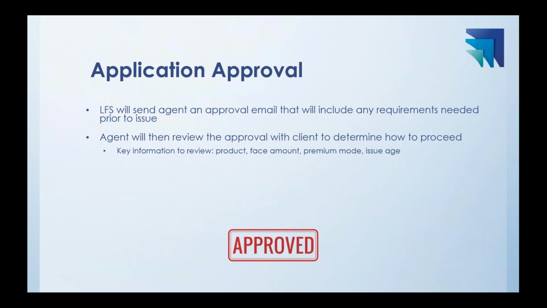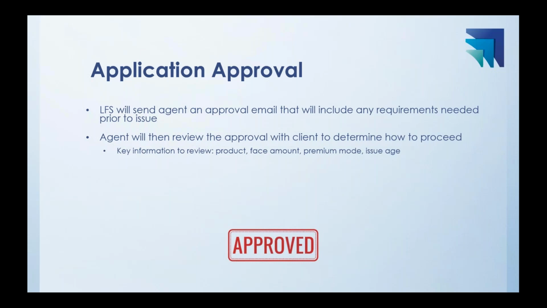Or your client may want a higher death benefit now, because they were planning on this certain premium, and now they can afford more death benefit. In either instance, that's where we really encourage you to review the underwriting decision with your client, and make sure your client is happy and comfortable with everything before you get back to us and say, yes, issue the policy.